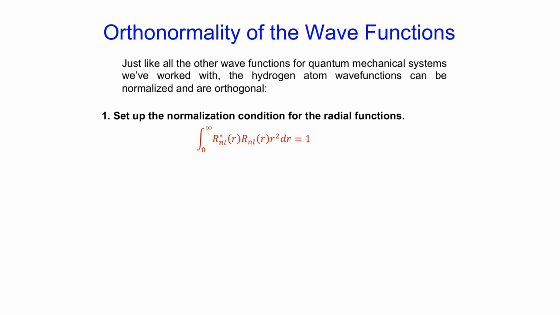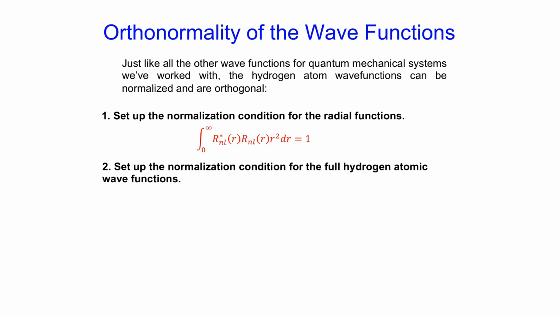Chances are you may have forgotten the r squared there. Remember, the differential volume element for the radial component of our functions is r squared dr for the polar spherical coordinates. So don't forget to add in that extra r squared there.